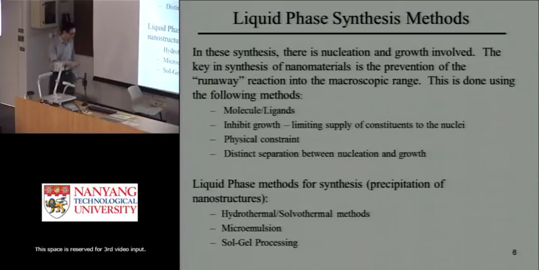Hydrothermal, solvothermal is actually quite important. First of all, it is important, just because of time limit we are not able to cover this. But this method is basically quite straightforward. It's a thermal decomposition of chemicals to produce the material you want and precipitate it out in the solution.